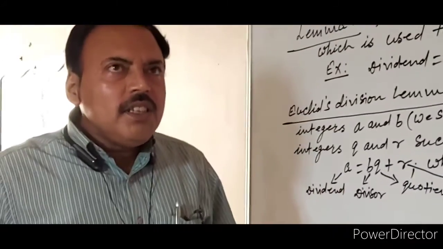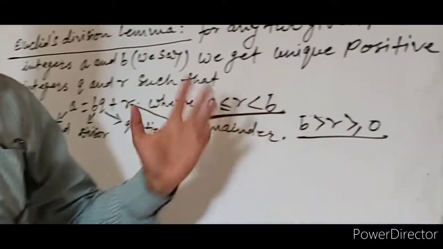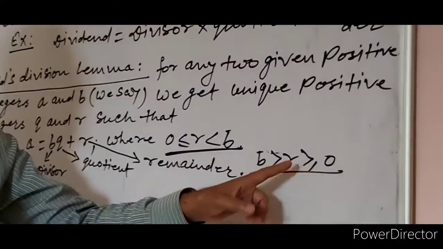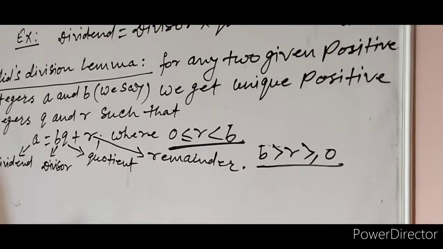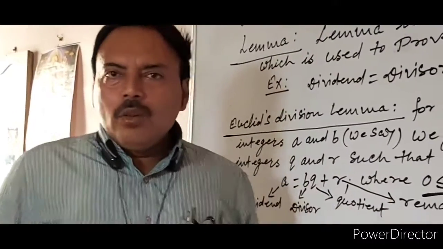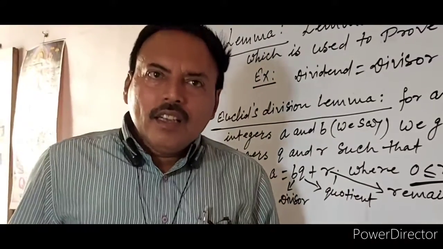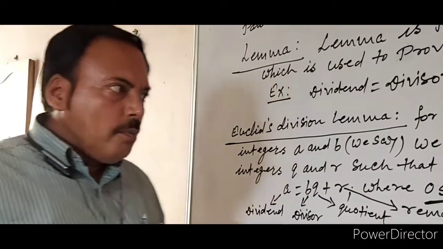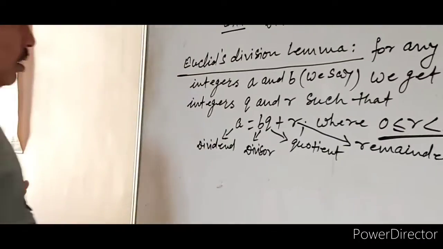Otherwise, the division will not be accurate. Next thing is remainder will be either 0 or greater than 0. If a number divides completely, then we get the remainder as 0. And if it does not divide completely, then we get a number in the remainder column. So here R is greater than or equal to 0. Okay.